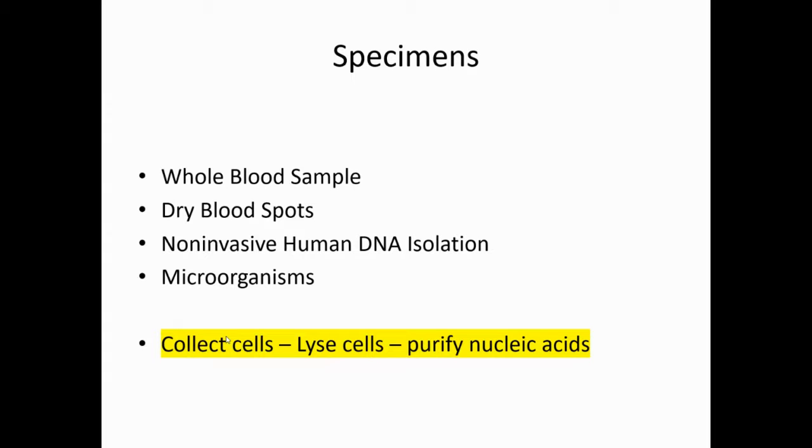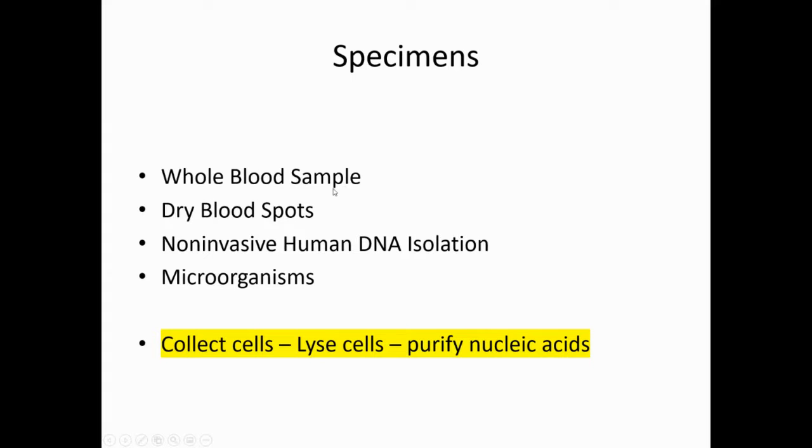So remember, in the next few slides, don't get confused. First we collect the cell, then we lyse the cell, then we purify the nucleic acid. And for different specimens, there are different approaches.